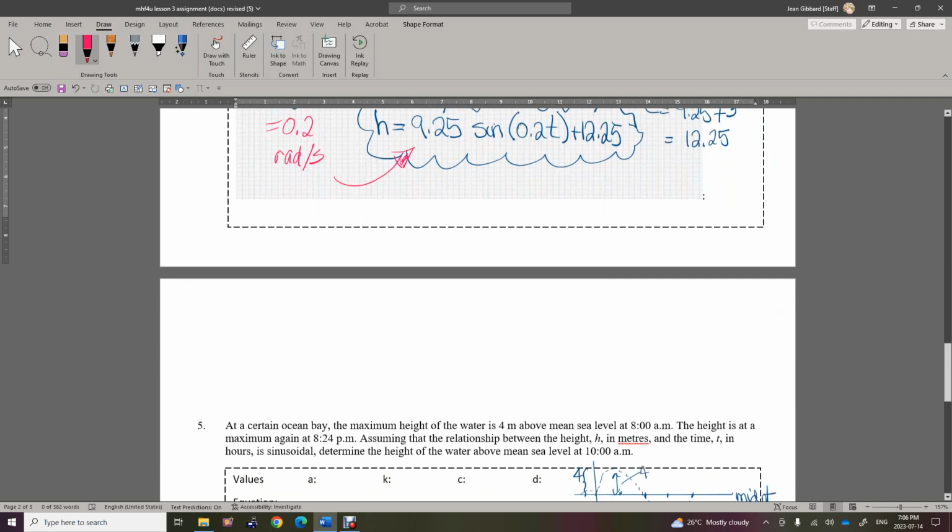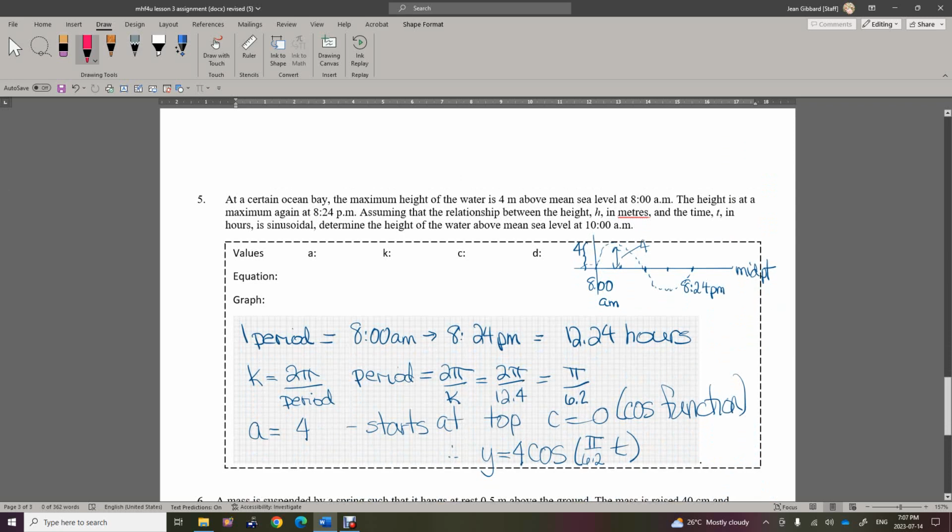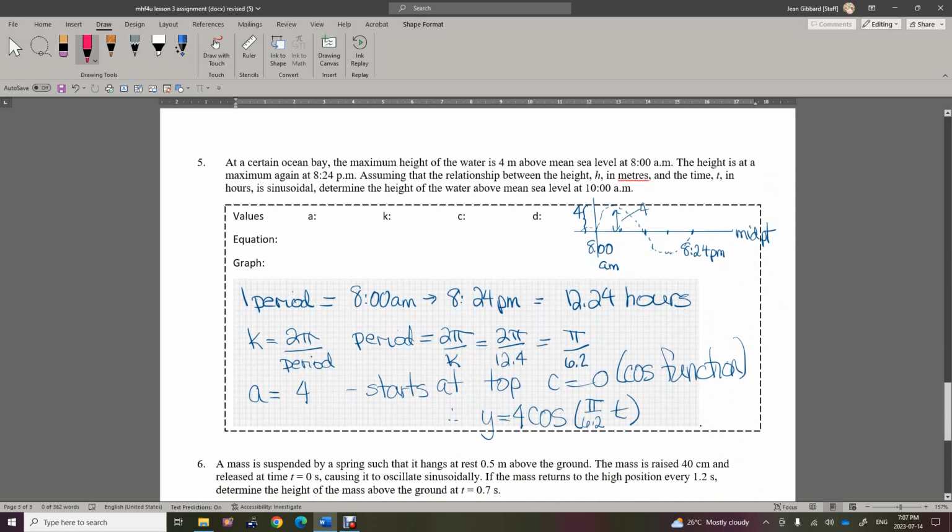Okay, one more we want to look at is the tidal wave. These are very common, actually. In my diagram up here, I have the function. This is our midpoint. We're told that the maximum height is 4 meters above mean sea level, so we're going to come up 4 and go down 4.